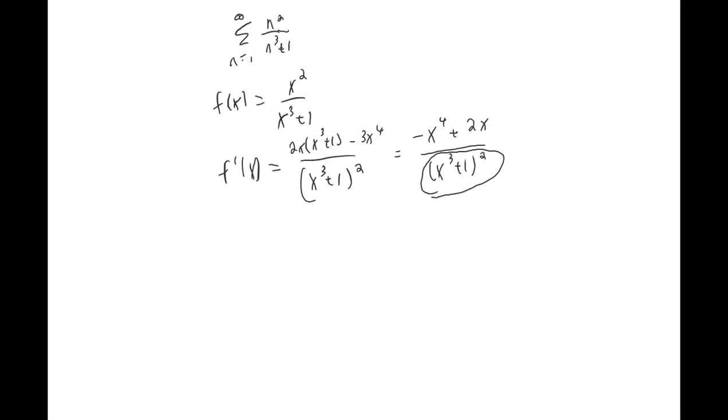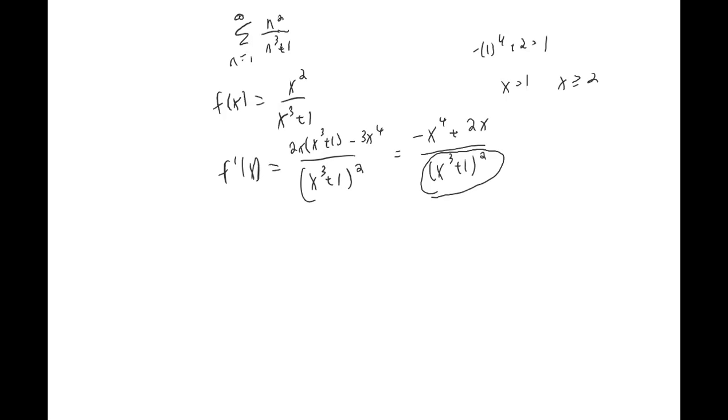Now, for x equal to 1, it's still positive, right? Do you agree? Negative 1 to the fourth plus 2, that is 1. It's still positive, but once you're bigger than or equal to 2, you see that it's decreasing, because x to the fourth grows way faster than 2x.